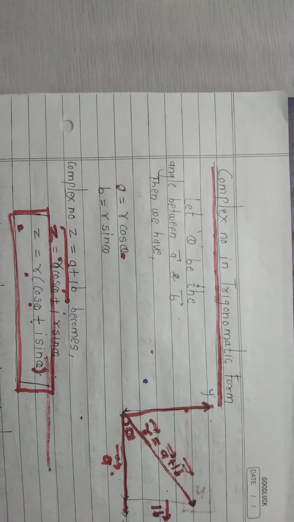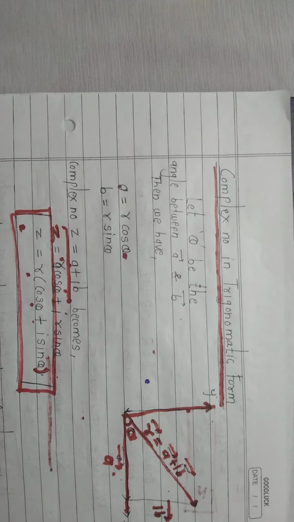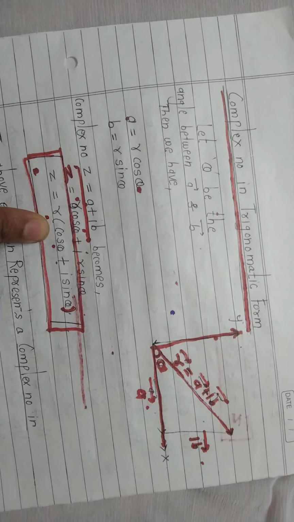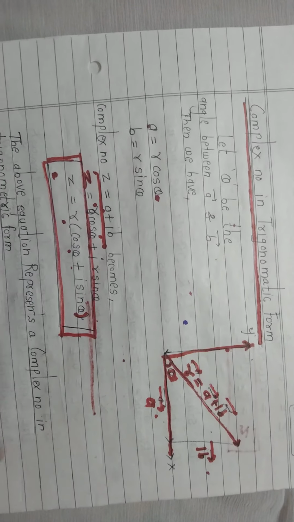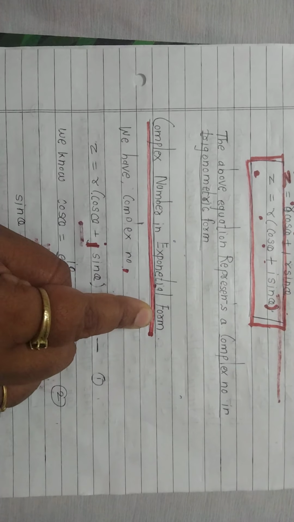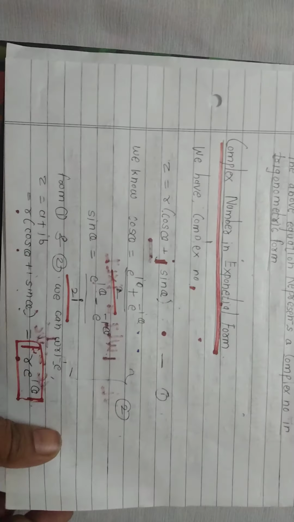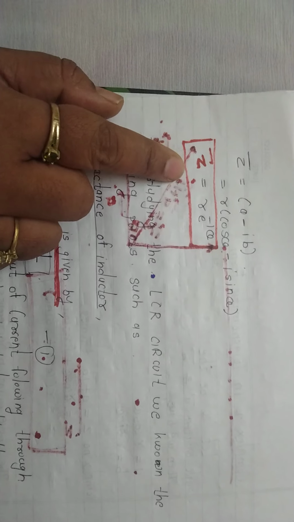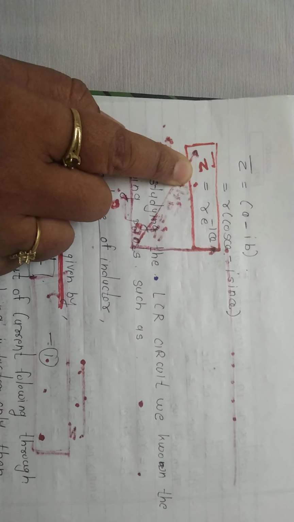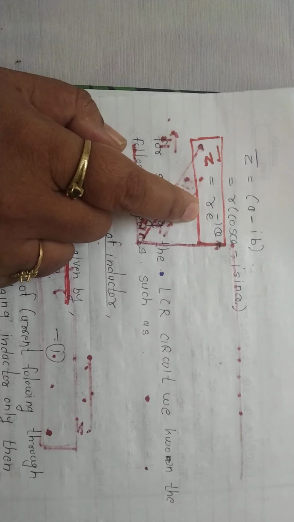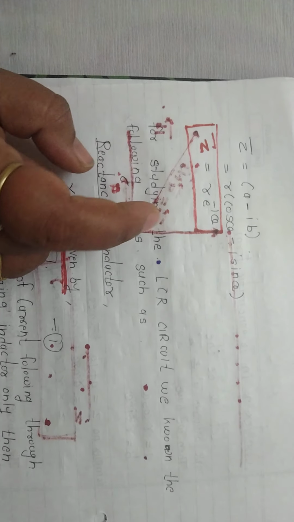We get the value z equal to a plus ib. The complex number in trigonometric form is z equal to r cos theta plus i r sin theta. The complex number in exponential form is z equal to r e to the power i theta, and its conjugate z bar is equal to r e to the power minus i theta.